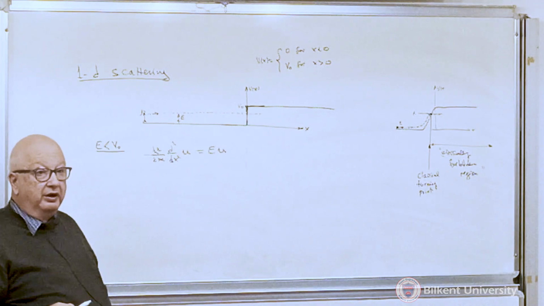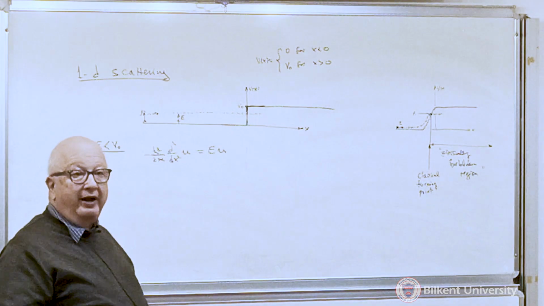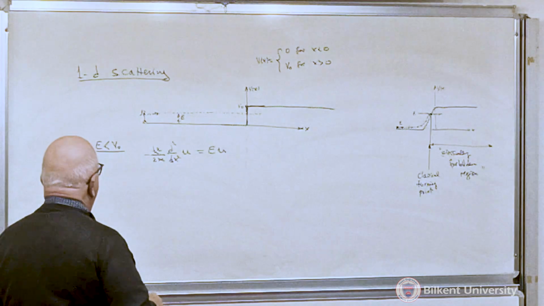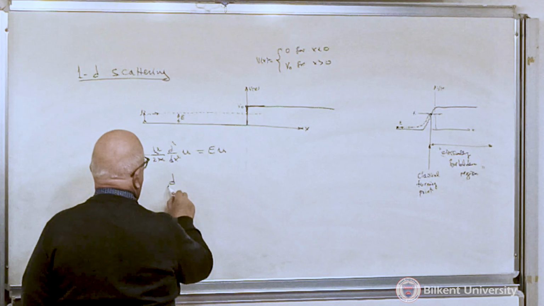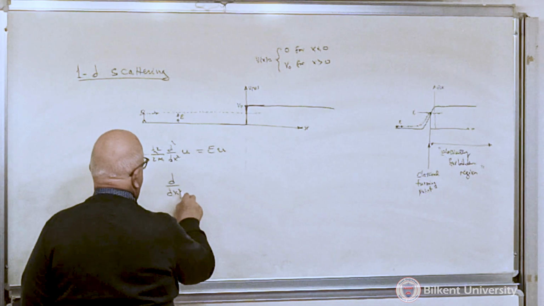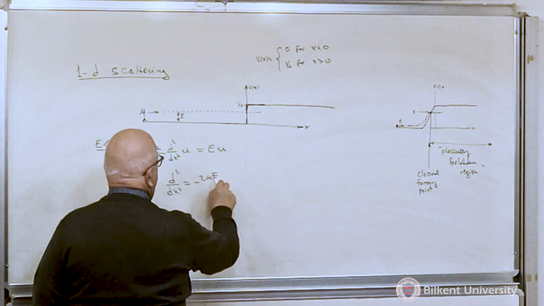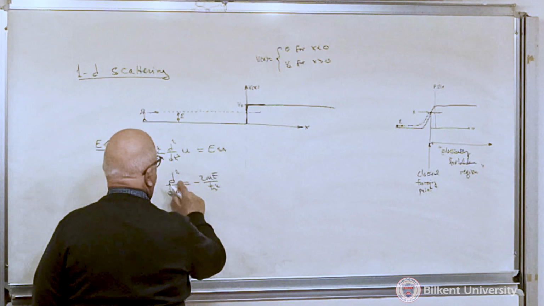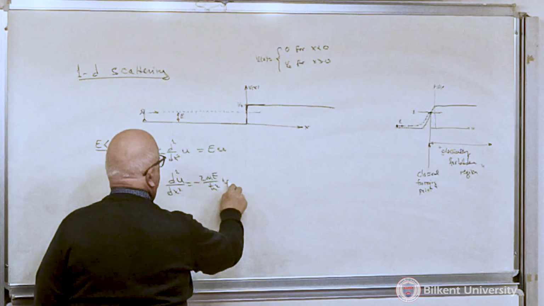I don't have any potential. So this we solved earlier. This is just a free particle solution: d squared u dx squared is equal to minus 2mE over h bar squared u.